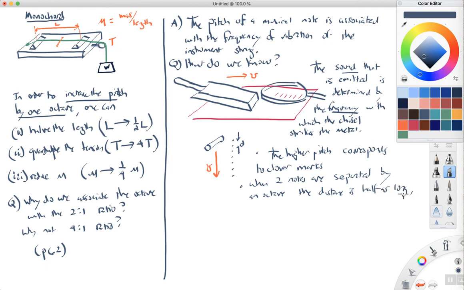So the frequency of strikes of the chalk against the board is twice as high. That's the point. And this is exactly what Galileo is pointing out on page 64.